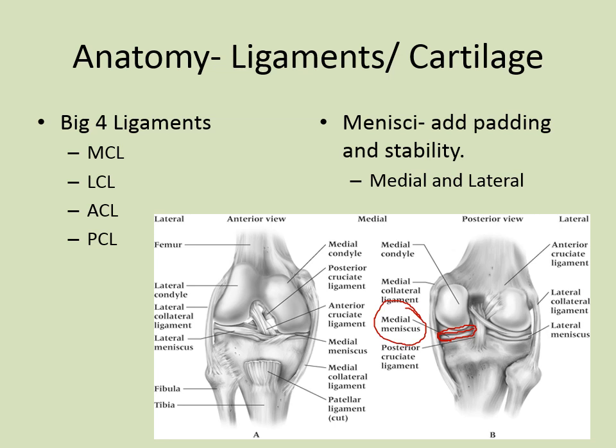But the lateral meniscus is going to be on the pinky toe side, right here. So those menisci both serve to deepen the joint, add some more stability to the knee proper, and then also add some cushion for landing purposes and shock absorption.